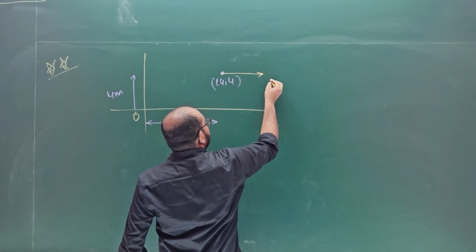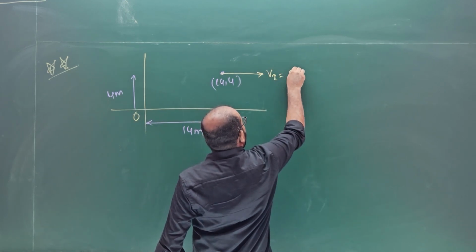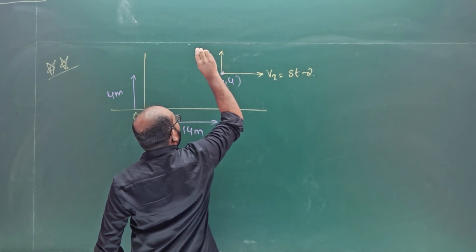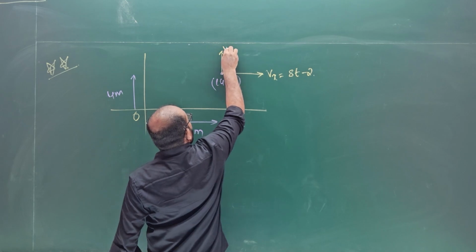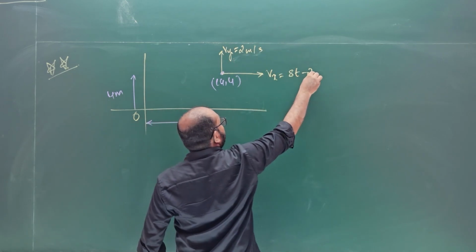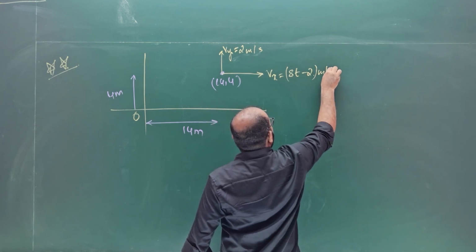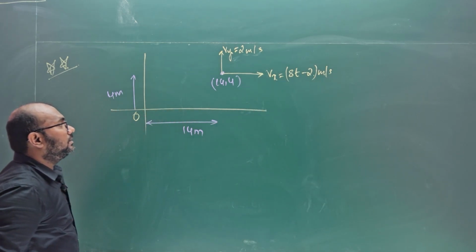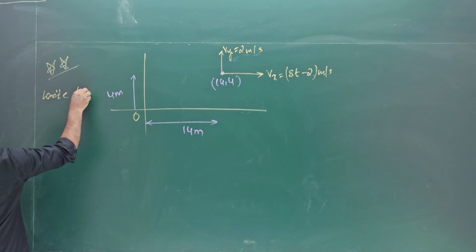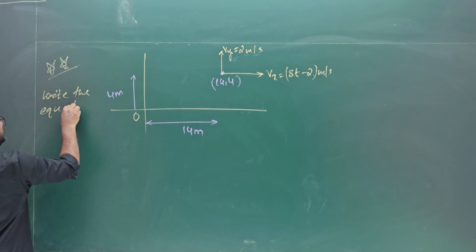Velocity along the x-axis, that is Vx, is given as 8t minus 2, and velocity along the y-axis Vy is given as 2 meters per second. And they ask you to write the equation of path.